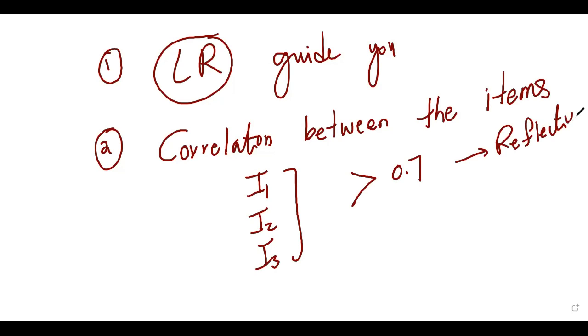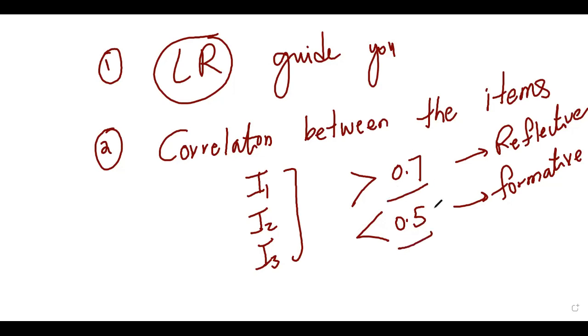If the correlation between these items is even less than 0.5, then this is 100% a formative construct. So one of the tests to examine whether the construct is formative or reflective is to check the average correlation between them.